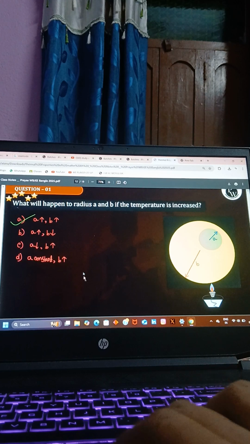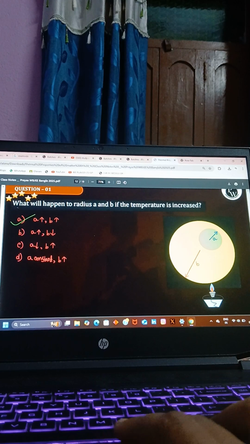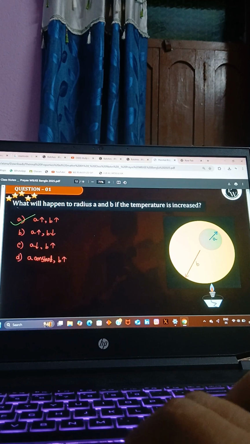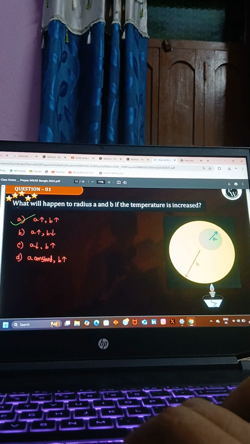There is a sphere of any kind of matter, and we make a different sphere inside the large sphere. Assume that it is a different matter, or it may be hollow.